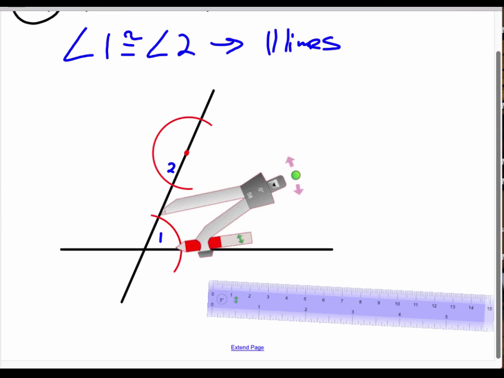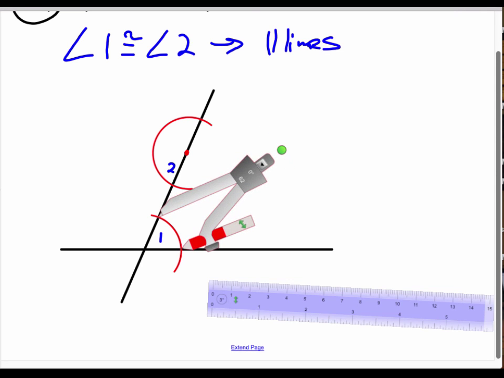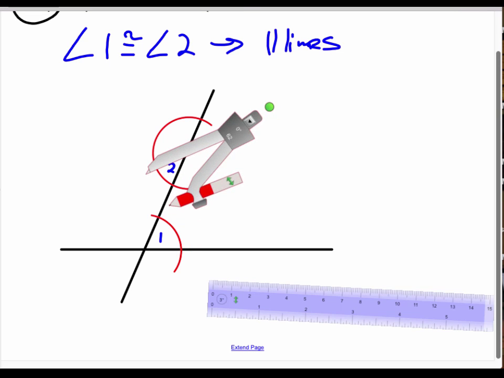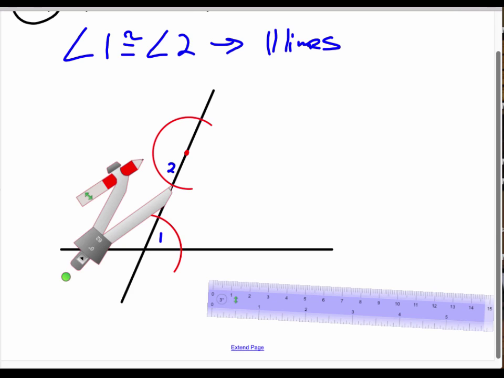I'm going to take my compass and find the distance of this arc. Okay? Now that I have the distance, I know that that distance has to come from here to here.